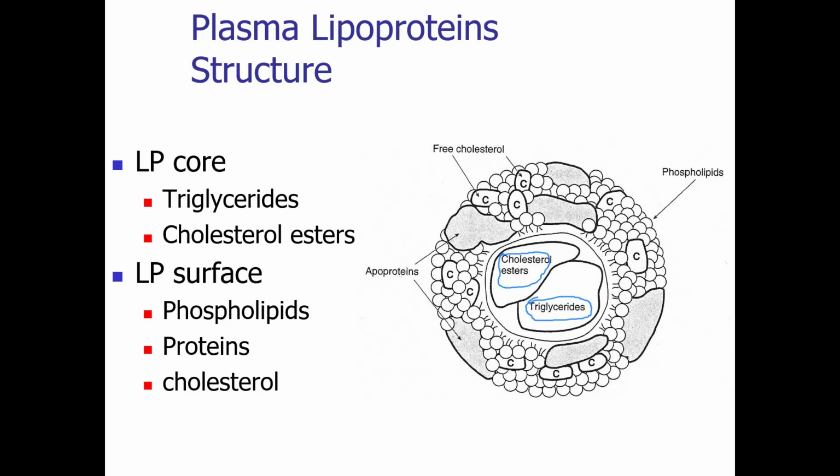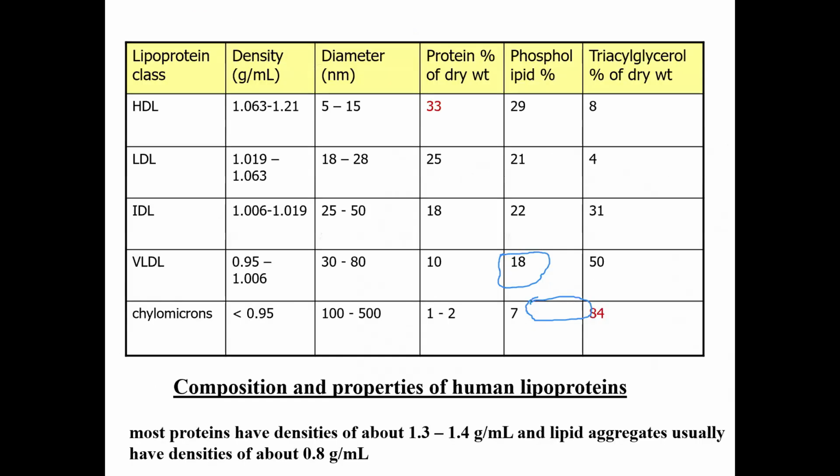From their structure, they have a polar combination, so that is why they interact with the plasma for the transportation of the lipids to various parts of the body. So this is the composition and the properties of human lipoproteins.